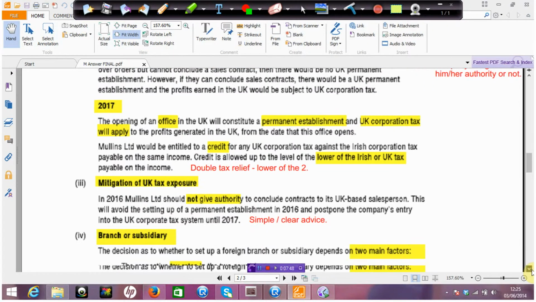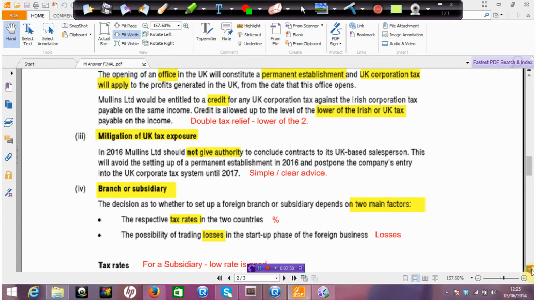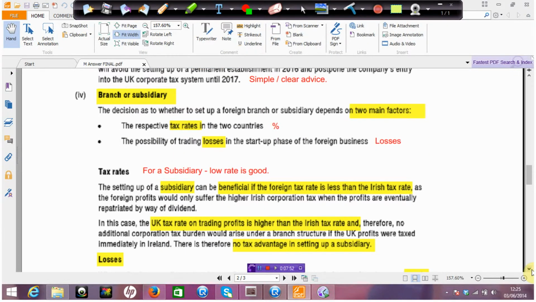Okay. The last part of this question deals with a fairly commonly examined subject, branch or subsidiary, and bear in mind that they can come at this in quite a few different ways. What I mean by that is, is the branch or subsidiary going to make profits or losses?